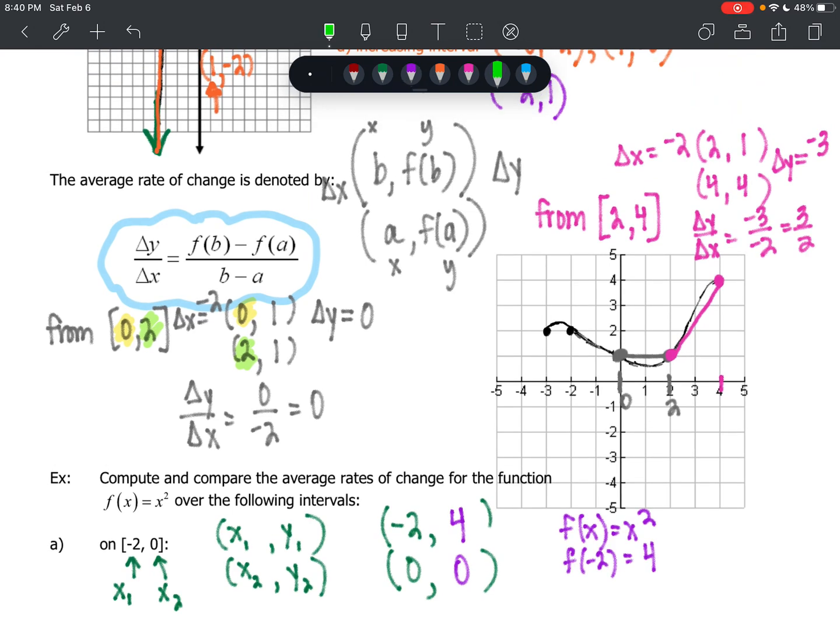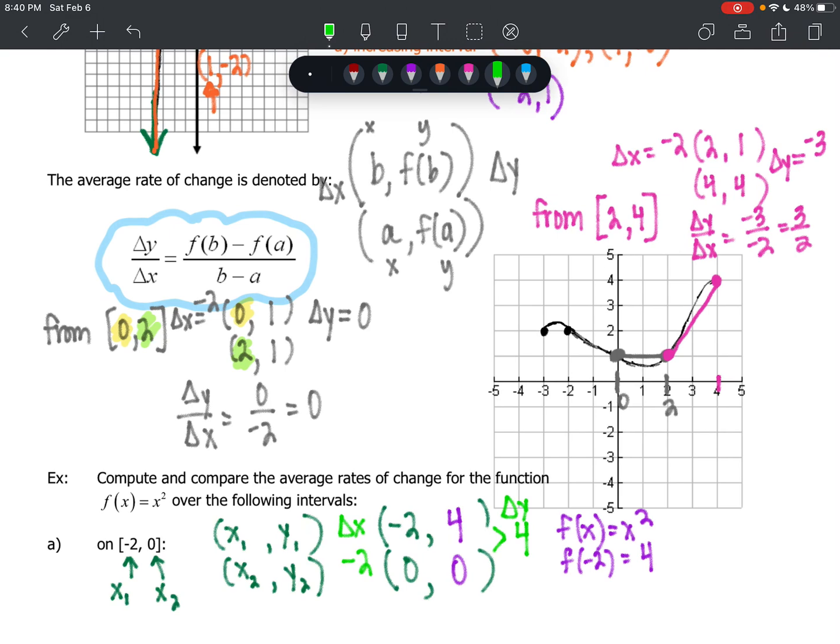Our average rate of change is our change in y, 4 minus 0, which is 4. And our change in x, negative 2 minus 0, is negative 2. So our average rate of change is equal to 4 over negative 2, which is equal to negative 2.